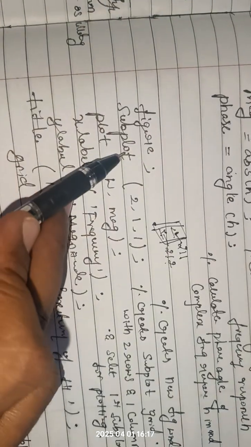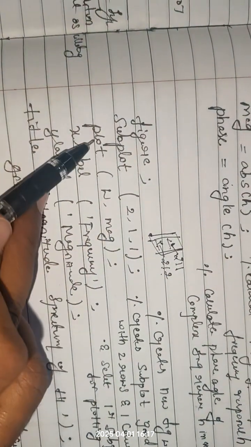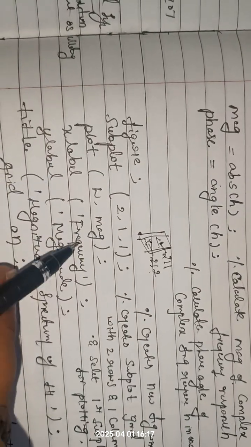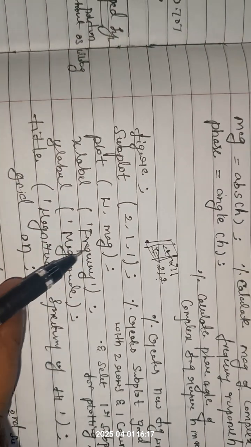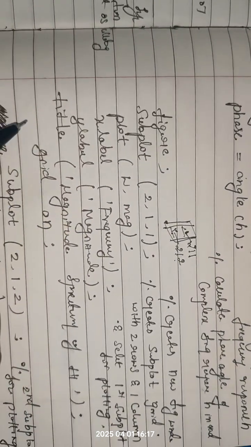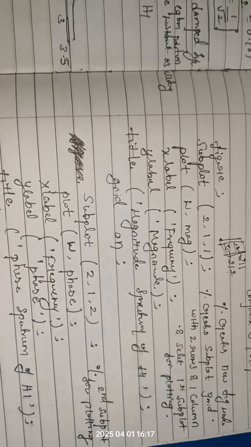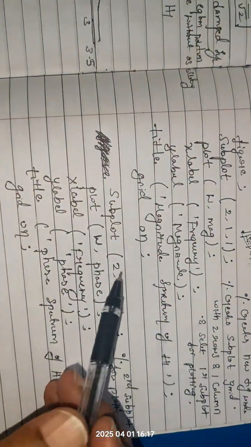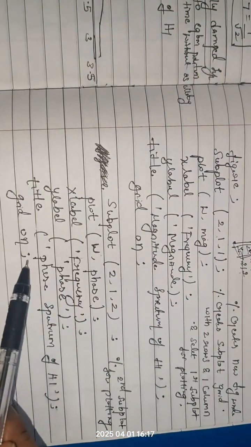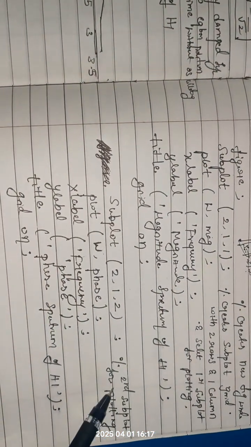That is the meaning. So for the first one, 211, we should plot omega and the magnitude, then xlabel frequency, ylabel magnitude. It's frequency versus magnitude for the plot number 1, with the title magnitude response of system H1, grid on. Next, similarly subplot 212, the same, copy and paste, everything is the same for the second subplot.